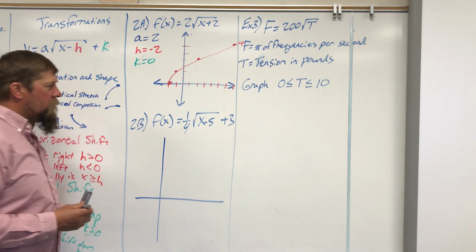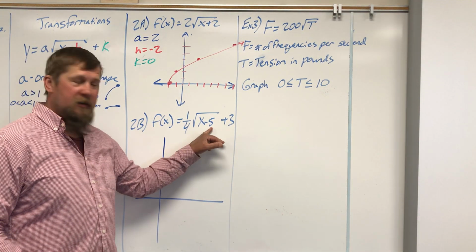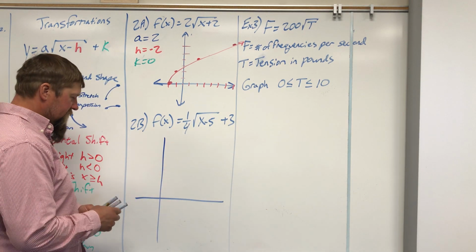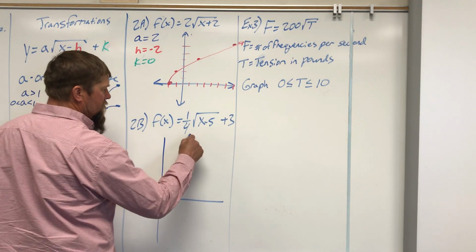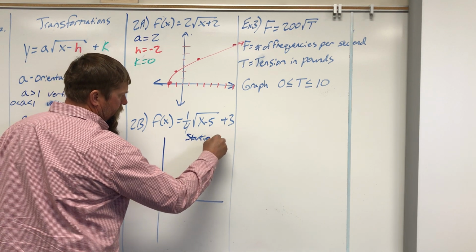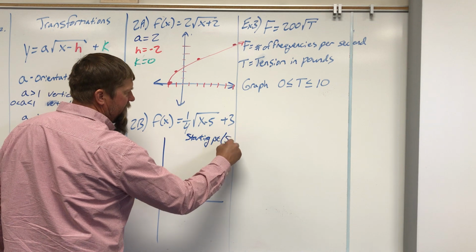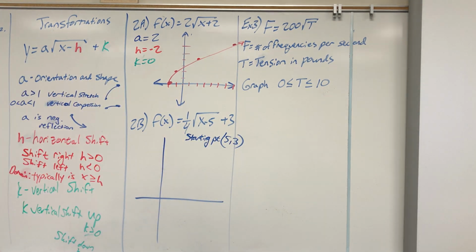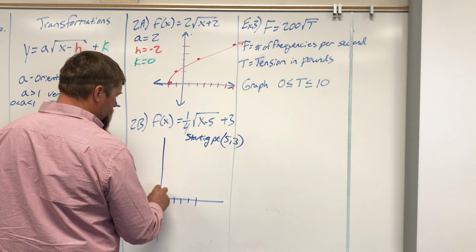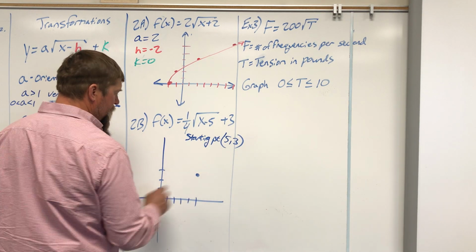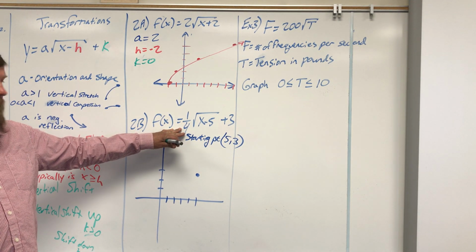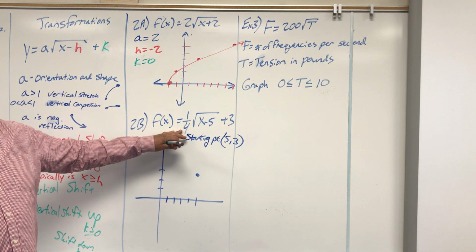All right, so here my h is positive 5. My k is positive 3. So just like I said before, our starting point is going to be 5, 3, because that is our h, k. 1, 2, 3, 4, 5, 1, 2, 3. So our starting point is there. Now we're going to use our vertical compression, 1/4.